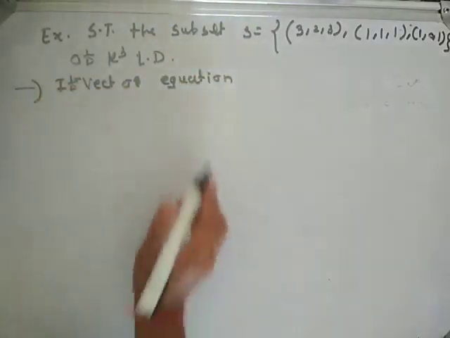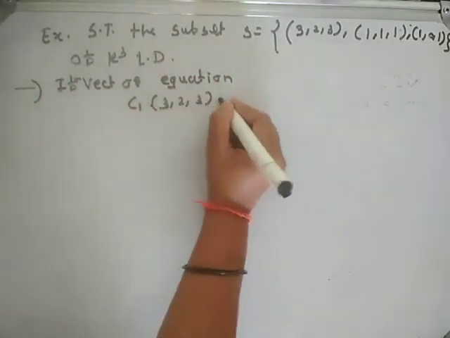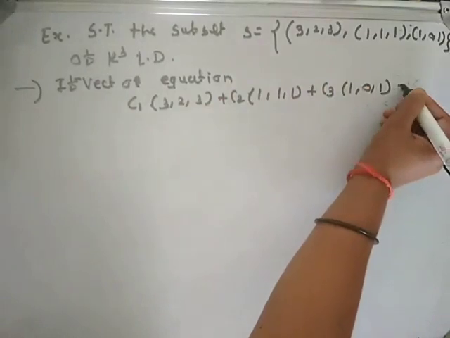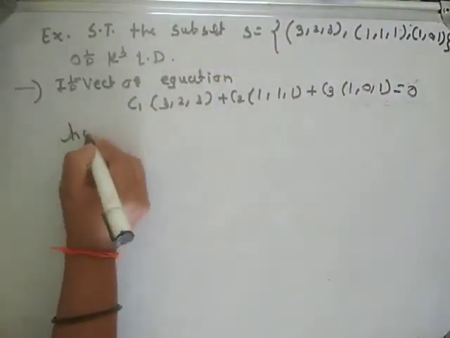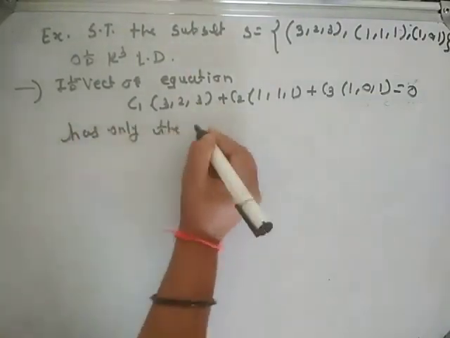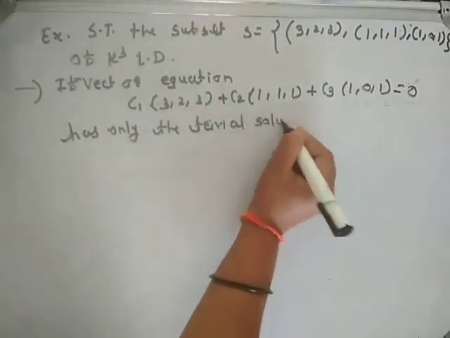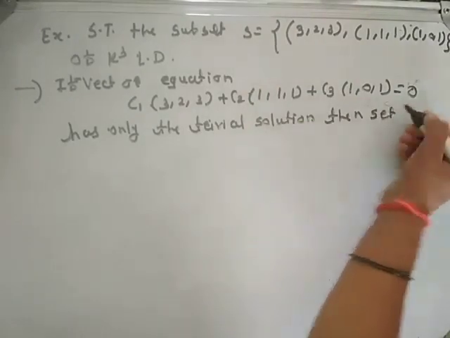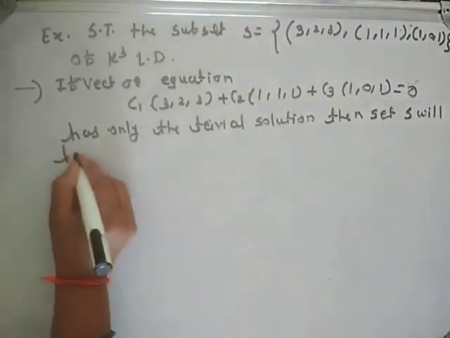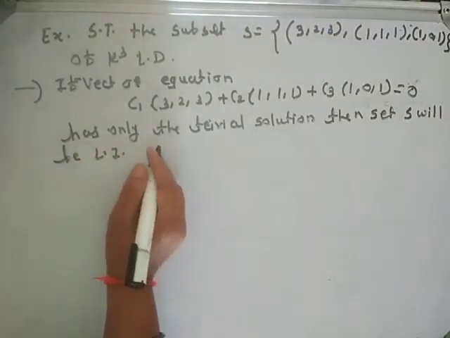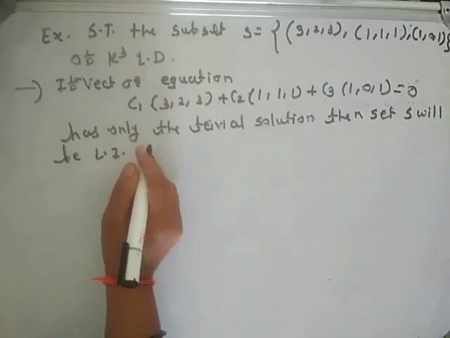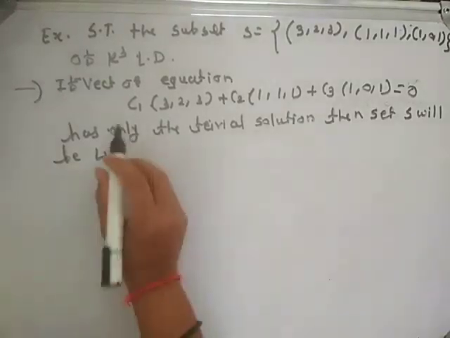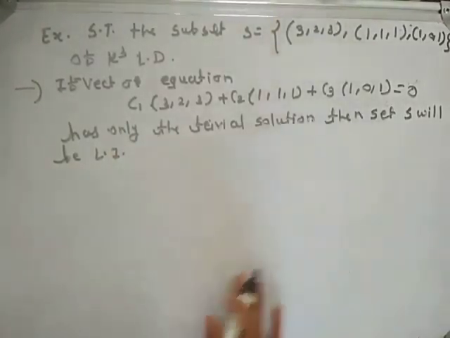If the vector equation C1 times (3, 2, 3) plus C2 times (1, 1, 1) plus C3 times (1, 0, 1) equals 0 has only the trivial solution, then set S will be linearly independent.